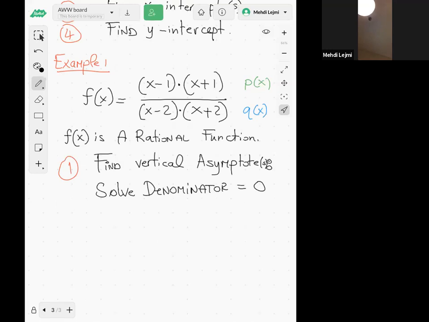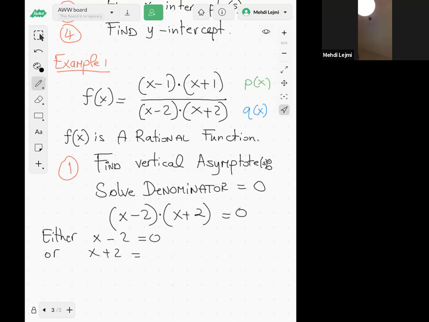Right, so the denominator is just x minus 2 times x plus 2, equal to 0. And so either x minus 2 is 0 or x plus 2 is 0. If x minus 2 is 0, then of course x is positive 2, and if x plus 2 is 0, then x is negative 2.